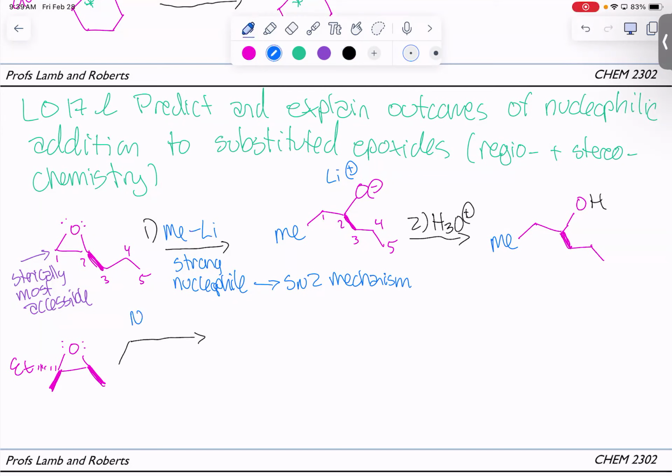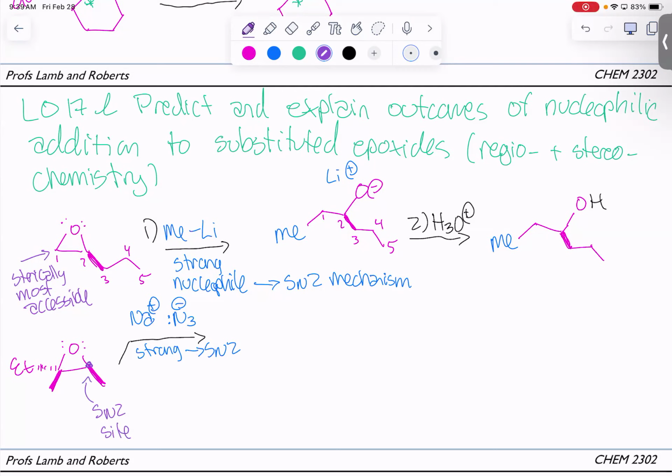So if our nucleophile was sodium azide, for example, this is a strong nucleophile. So SN2. All right, so our SN2 site we would see is the less hindered one, right? Our SN2 site would be the less hindered one.